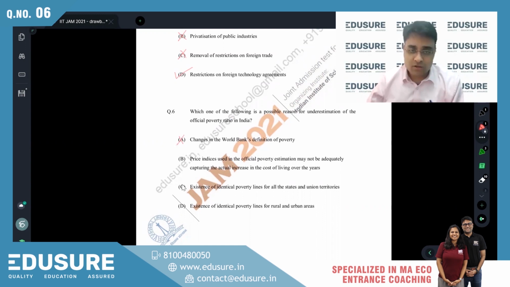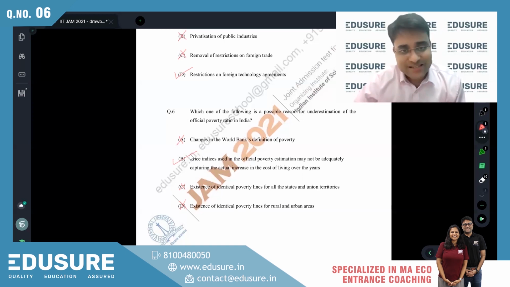No, it's not. Okay. Existence of identical poverty lines for rural and urban areas? Which one of the following is a possible reason for underestimation of the official poverty ratio? It is a reason for underestimation.